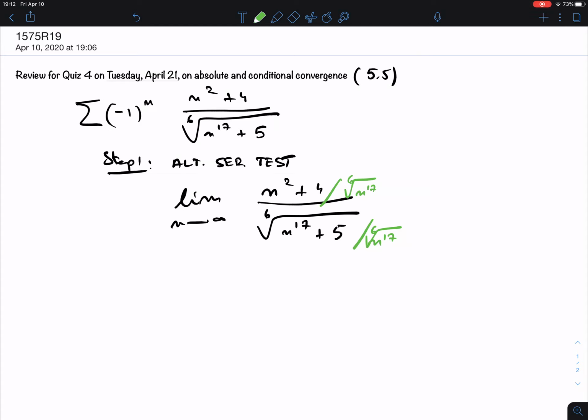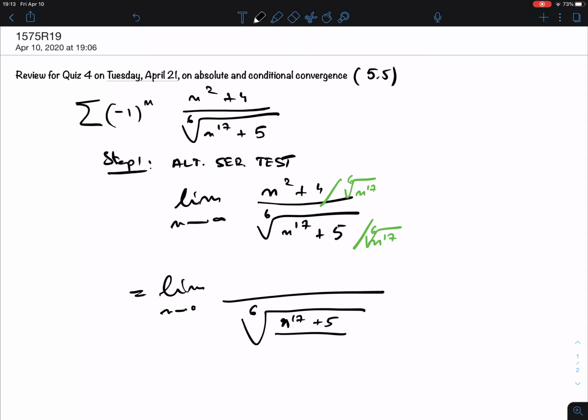Now, this is a little bit uglier on the calculation at the top. Let's work that out. In the bottom, we kind of know what to do, so I'll do that first, because that's just a calculation inside this radical: n to the power 17 plus 5, divided by n to the 17, so we know what cancels here.